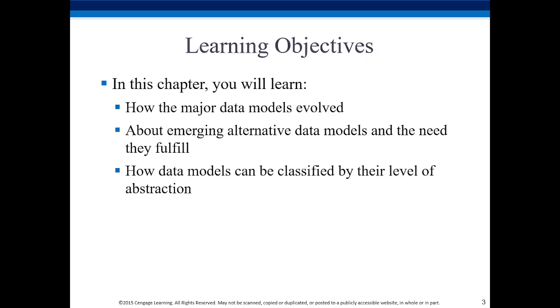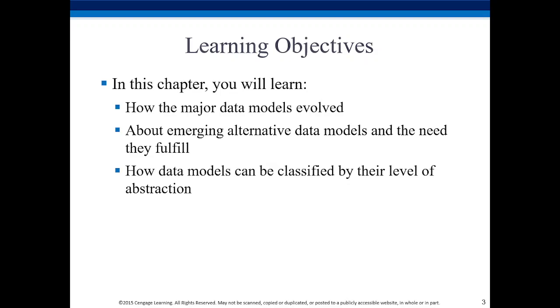Okay, we will also learn the major data models evolved, so from the previous data models, there are different phases or evolutions. And we'll talk about the emerging alternative data models and the need they fulfill.